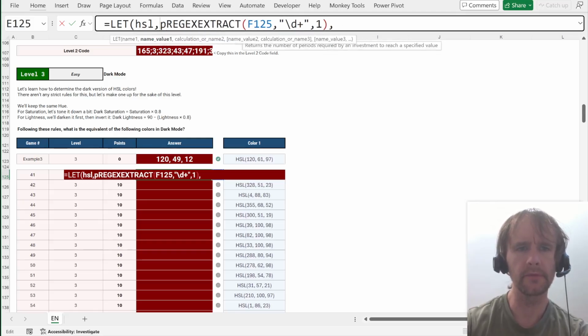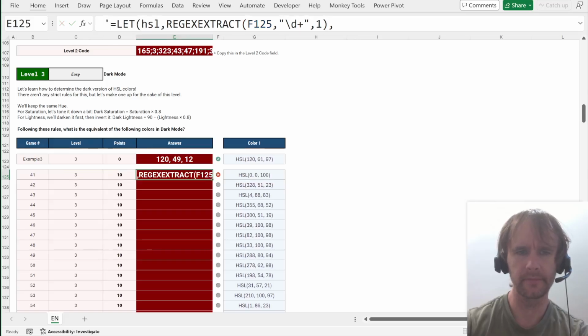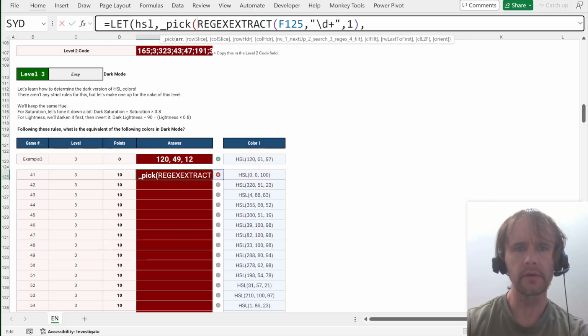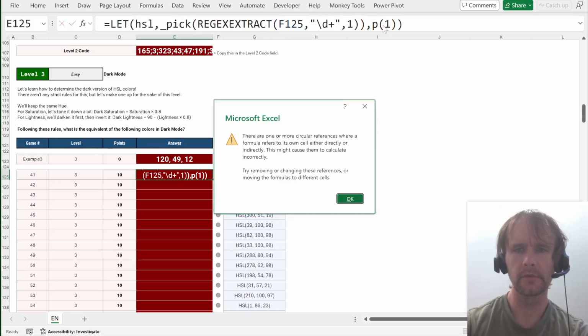And I haven't imported my lambdas. I'm going to import my lambdas now. So make it pick of this. So then I should be able to say p of 1 is 0. Sorry, closing bracket.